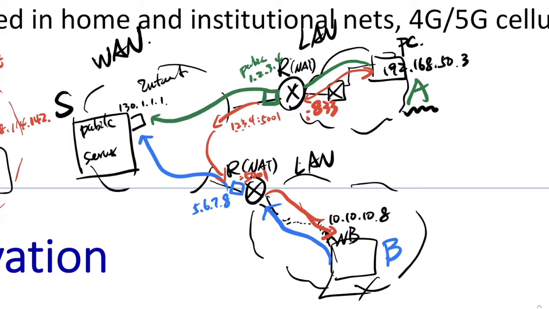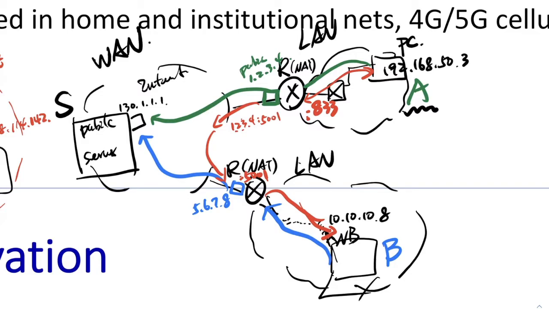Think about one scenario: if A and B are, for example, playing a game, and they would like to communicate with each other, which means A would like to, for example, send voice over IP to B. Is it possible that A and B can communicate correctly with each other? The answer is no.